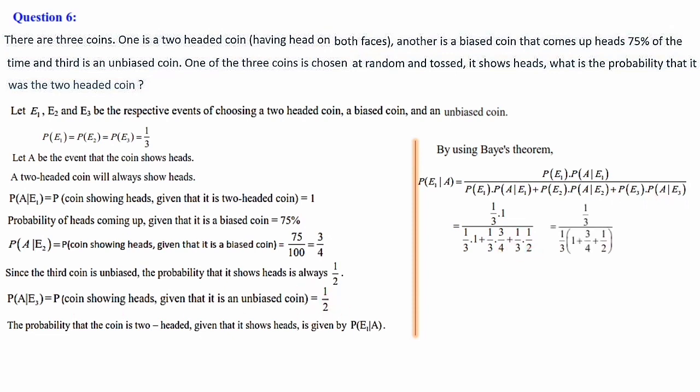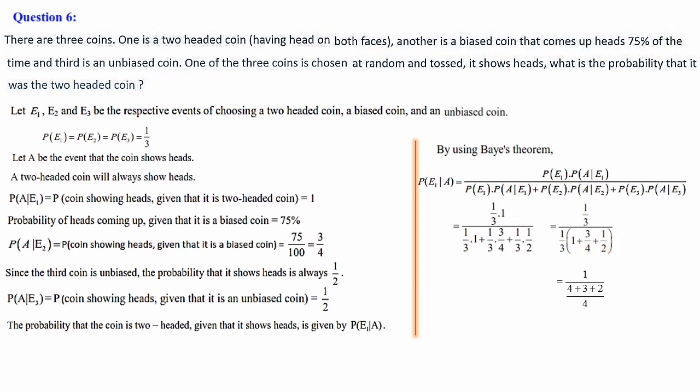Now we will go for the calculation. 1 by 3 into 1 divided by, you can see here, in the denominator 1 by 3 is common in all the three terms. Let's take out 1 by 3 common. Then in the first term there is 1, second term there is 3 by 4, third term there is 1 by 2. So balance we have written 1 plus 3 by 4 plus 1 by 2. 1 by 3 can be cancelled. The numerator will be having only 1 divided by common denominator.